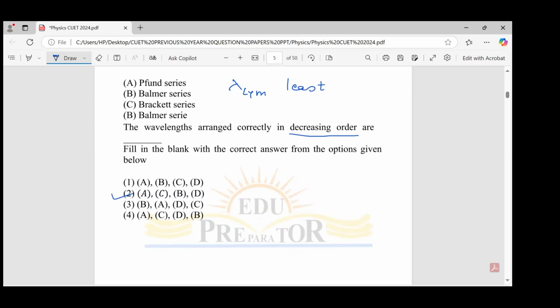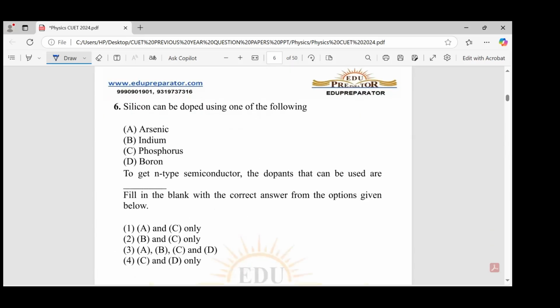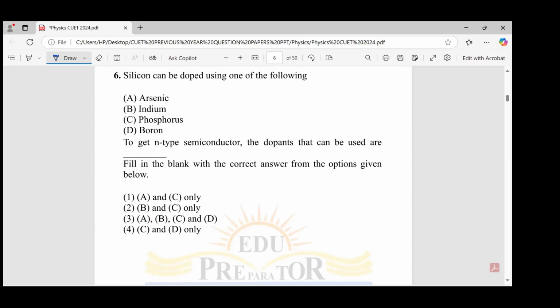Next, let us move further with the semiconductor chapter. We know doping increases the conductivity, and we have 2 types of semiconductors, N-type and P-type, on the basis of the element which is doped.